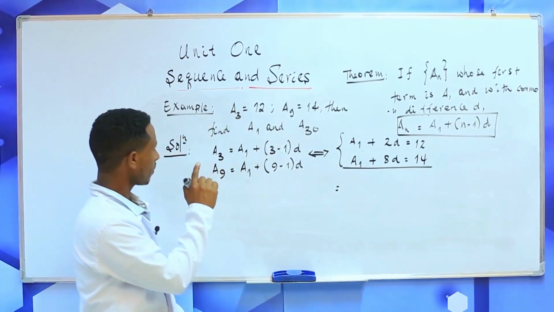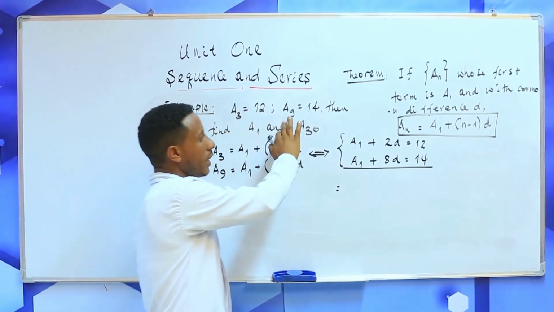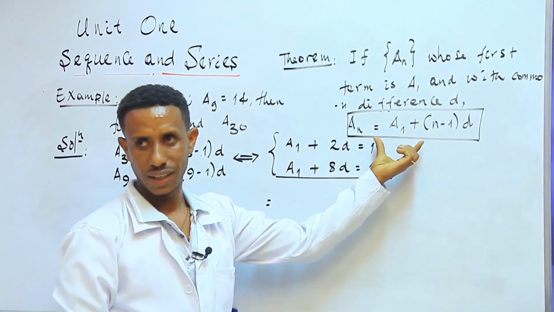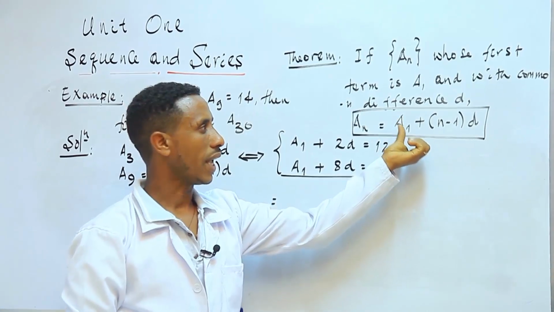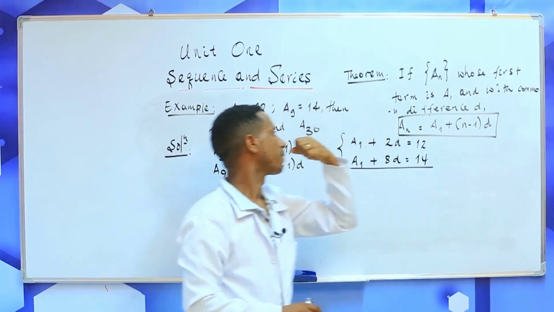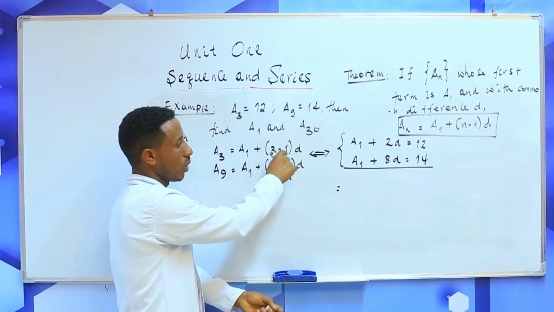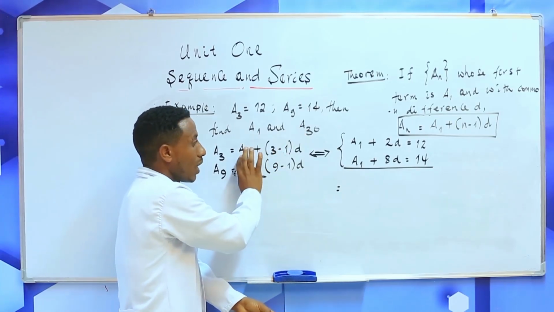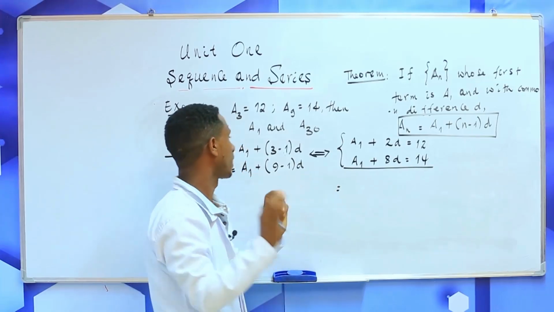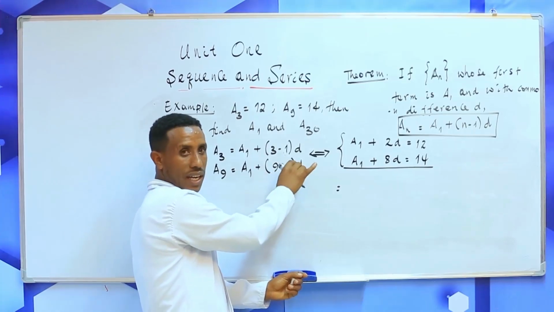As you know, it's already given that A3 is 12 and A9 is 14. So, using this formula, A_n is equal to A1 plus n minus 1 times D, the common difference D, A3 is equal to A1 plus 3 minus 1 times D. We don't know what A1 is and what the common difference is. They are unknowns. And A9 is given by A1 plus 9 minus 1 times D.